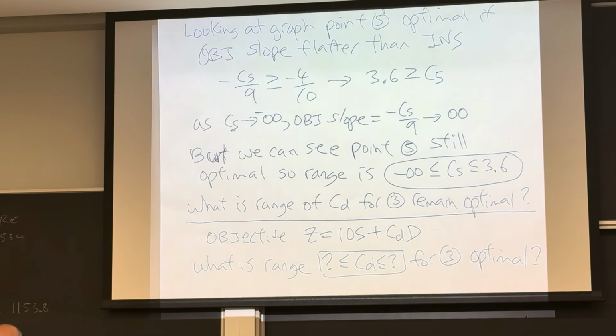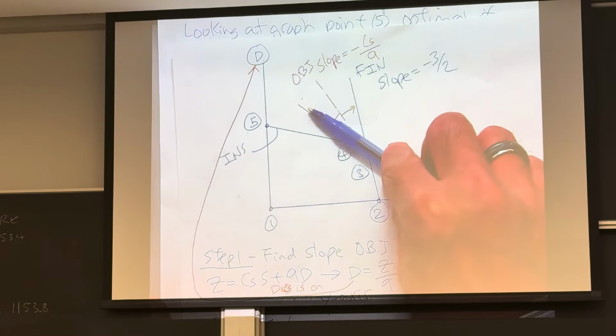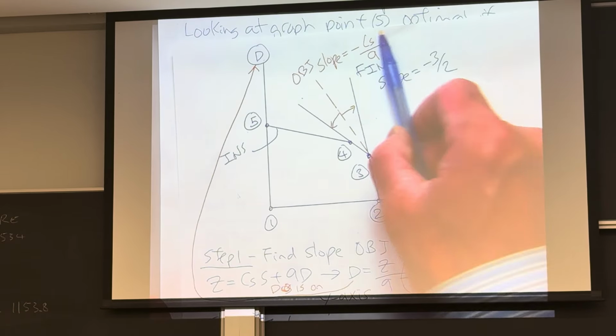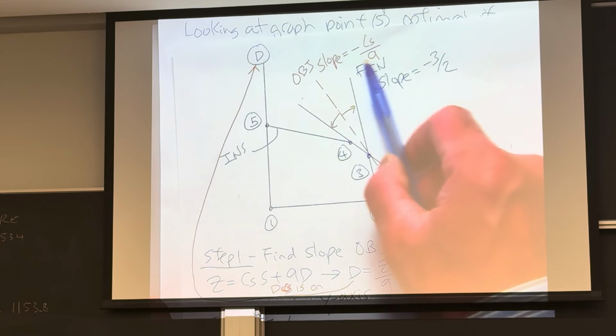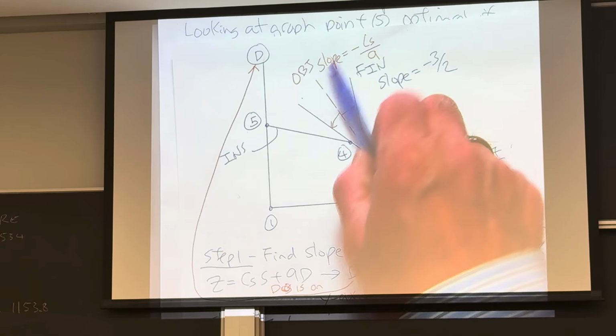And just as before, if you want 3 to be optimal, the objective slope has to be between flatter than fin and steeper than CD. Except, of course, the objective slope is no longer this, so you have to recalculate it. But we want it to be here, right?